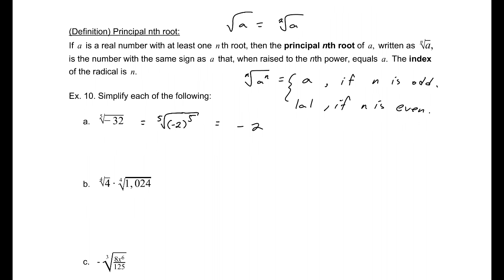All right, part B. We'll first use our product rule because that actually works for all radicals, regardless of the index. So this will be the fourth root of 4096. Now, 4096, its prime factorization is 2 to the 12.